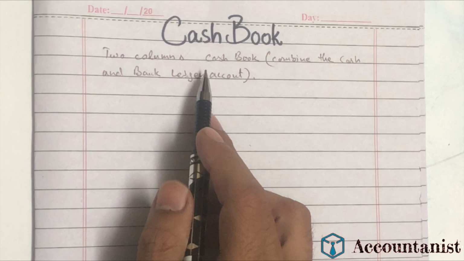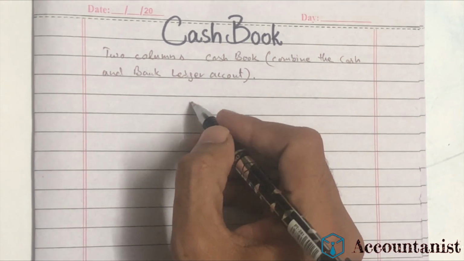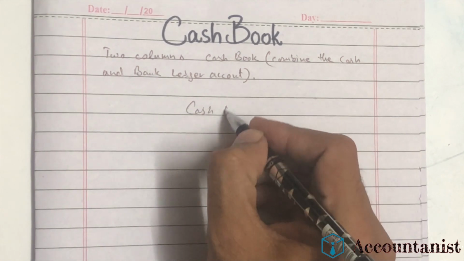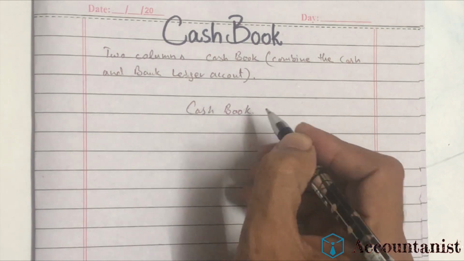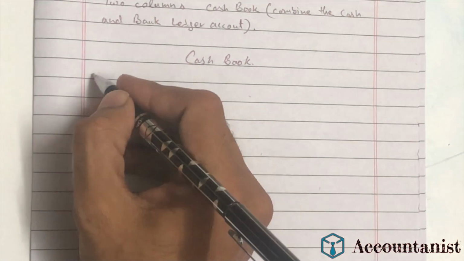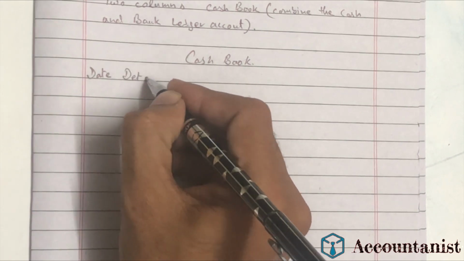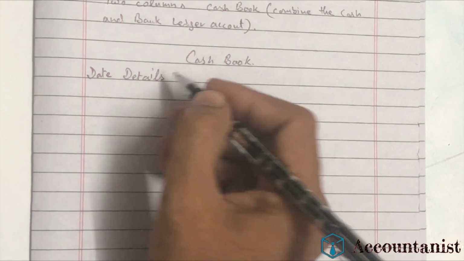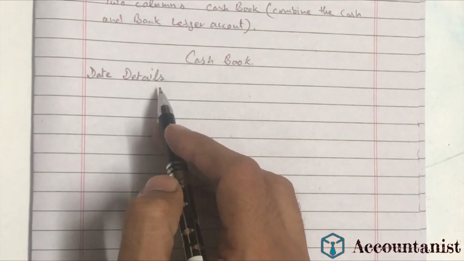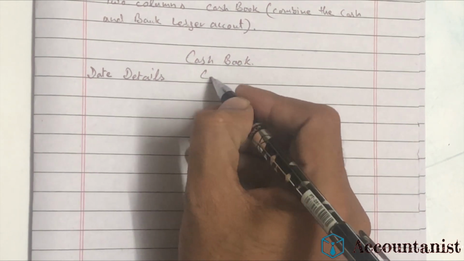The format that we will have in the question is: cashbook will be the title, and then we'll have the first column of date, details. These two columns are similar to the normal ledger account, the T account that we made. Now we have the first amount column, that will be the cash amount column.